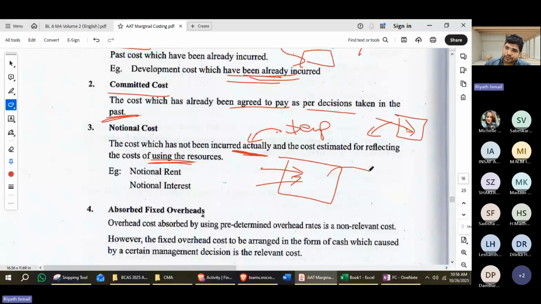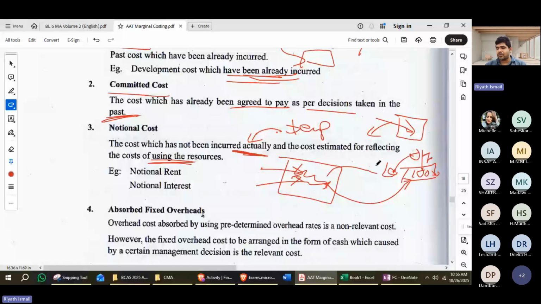Say you have an option: you can rent out this shop building to a third party and earn 10,000 per month as rent. But now you run your own shop. This time you can consider this 10,000 rent as opportunity cost.